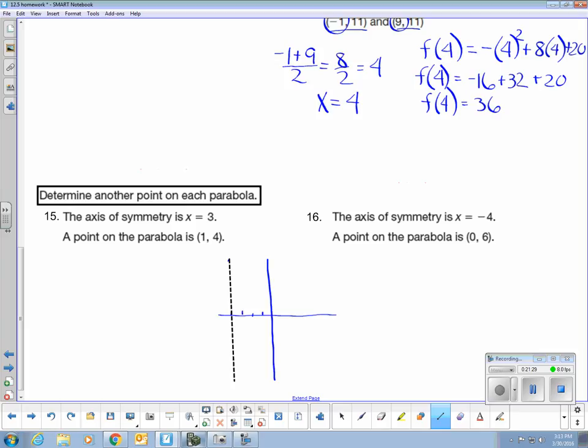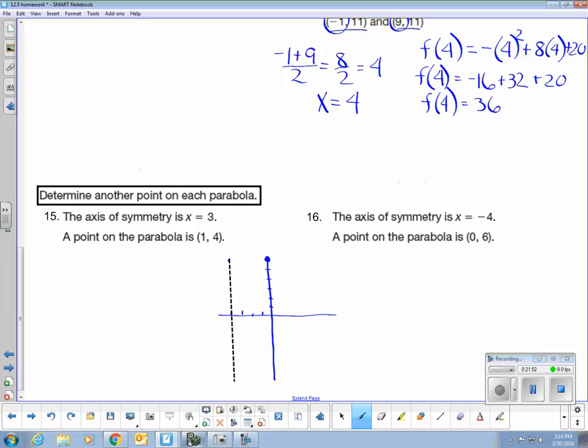All right, so my parabola has an axis of symmetry, a vertical line, of x equals negative 4. Now, one of the points on the parabola is (0, 6). So if I were to plot (0, 6): 1, 2, 3, 4, 5, 6, somewhere up here.